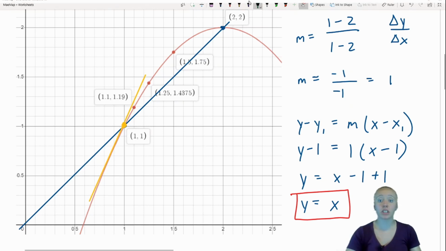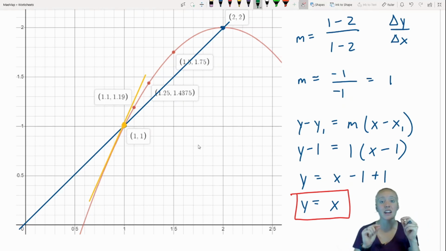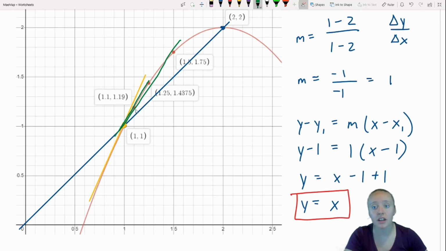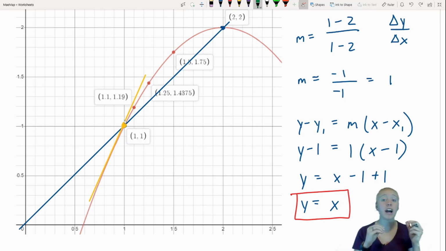But if I continued to make my secant line where my second point, the point that's not 1, 1, is closer and closer to 1 in the x, you can see how if I was to connect those 2 points, let's connect 1 and 1.5, then we'll connect 1.25 and 1, then we'll connect 1 and 1, you can see how it's slowly getting closer to that same exact slope. So we're going to make a table of values that slowly get closer to that x value of 1, that point where we want to figure out our tangent line, in order to get a rough estimate.